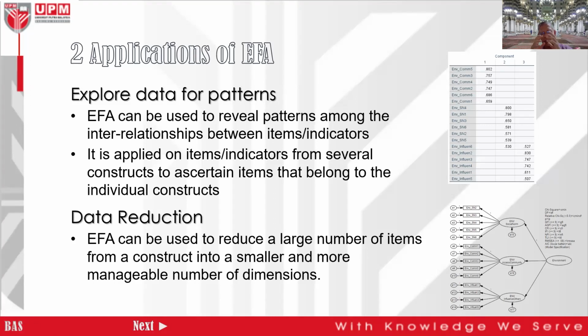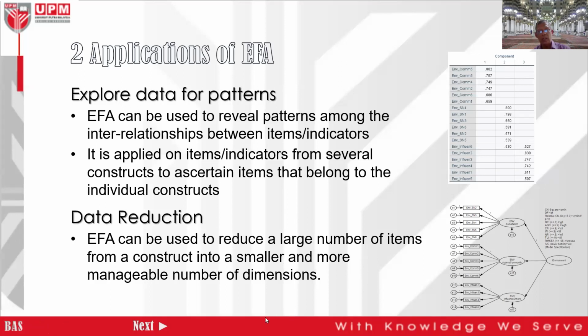There will be one procedure that you can combine this set of items for each of the dimensions. Then you can use that as if you have item 1, item 2, item 3, but actually they are not items, but they are actually dimensions of the construct. That process is called, in this case, data reduction.